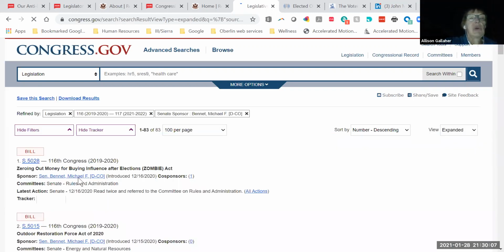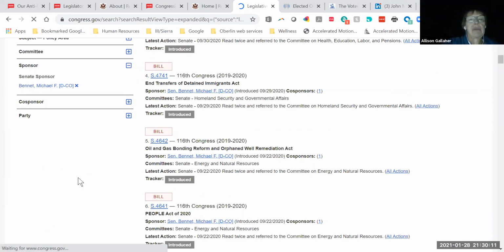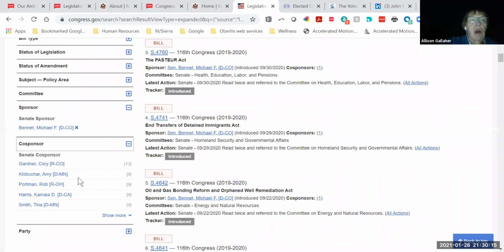And then I'm going to scroll down here to the co-sponsor choice. And I'm going to open that. And here are all of the people who co-sponsored a bill that Michael Bennet sponsored. So Michael Bennet's office wrote the bill. He is the initial person who brought it to the Senate and said, I want you to consider this.